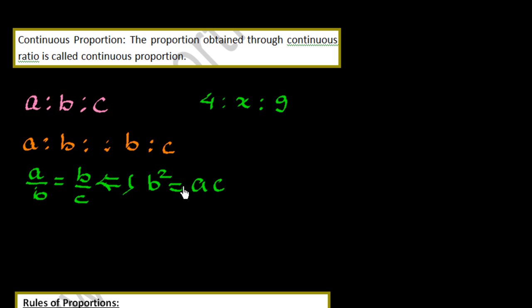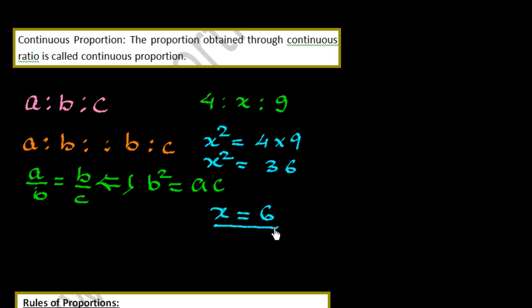So we could find out this way: B square is equal to AC, means x square is equal to 4 into 9. So here you see it is 36, and finally we get x is equal to 6. So this is our mean proportional if we have to find out, or if you have to find out the first proportional or the third proportional, you could follow this method. So this is all about the continuous proportion.